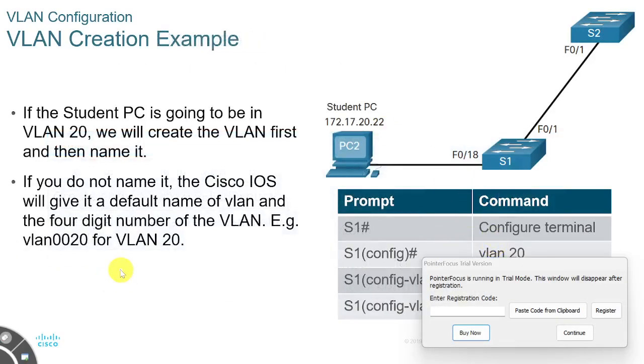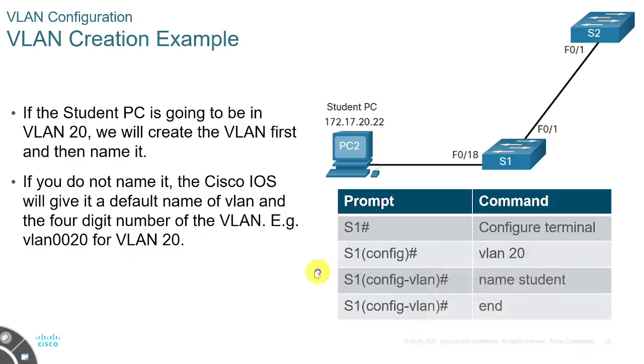This is an example. Imagine that you want to create VLAN 20, the student VLAN, on this switch. How can you do it? Configure terminal, you enter this mode. Then you write the vlan command and add the ID, VLAN 20.